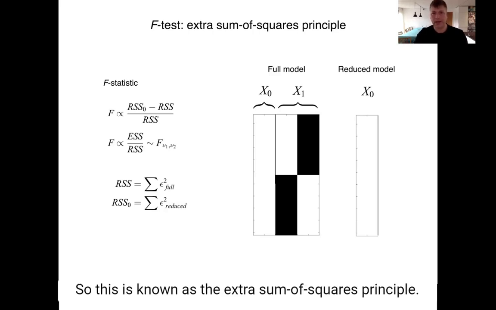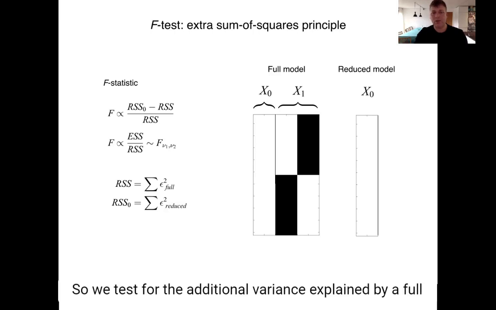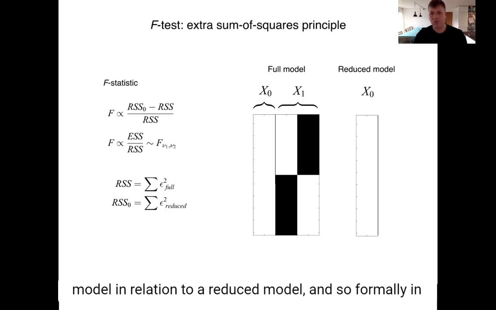So this is known as the extra sum of squares principle. So we test for the additional variance explained by a full model in relation to a reduced model.